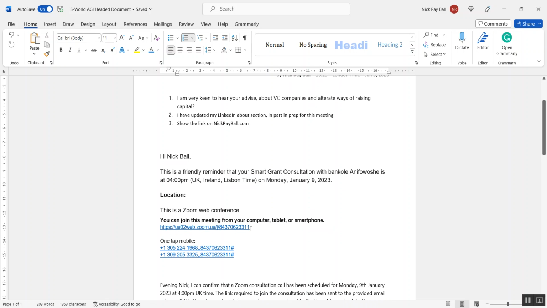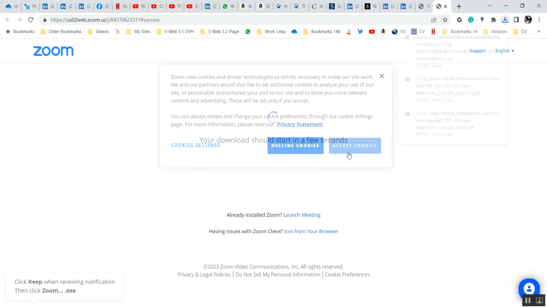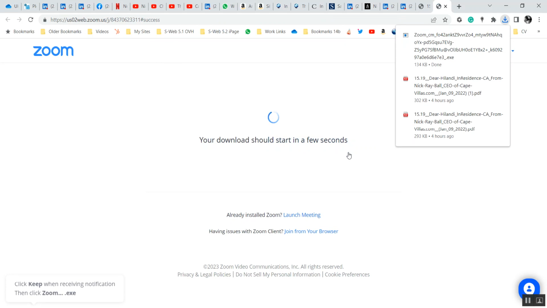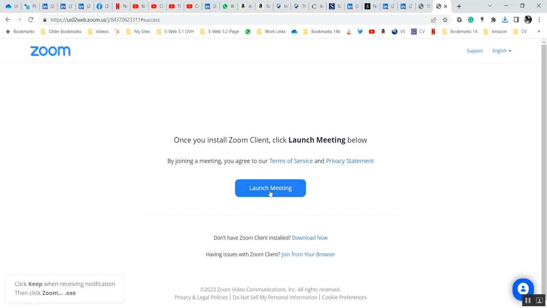Right, so now what's going on here? Okay, well, the meeting's not for another minute, so it may not actually open until then. But I haven't used Zoom for a while.